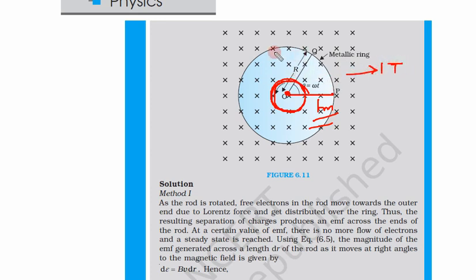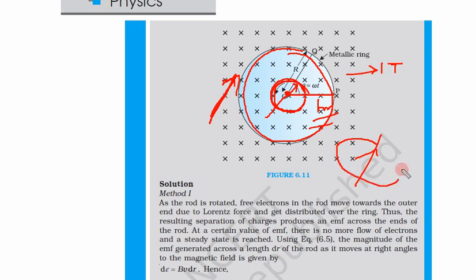The circle formed by this rod is in the plane of this paper, and the magnetic field is perpendicular to this plane. The axis of rotation is in the same direction as the magnetic field, and the rod rotates around it. So this is the condition.